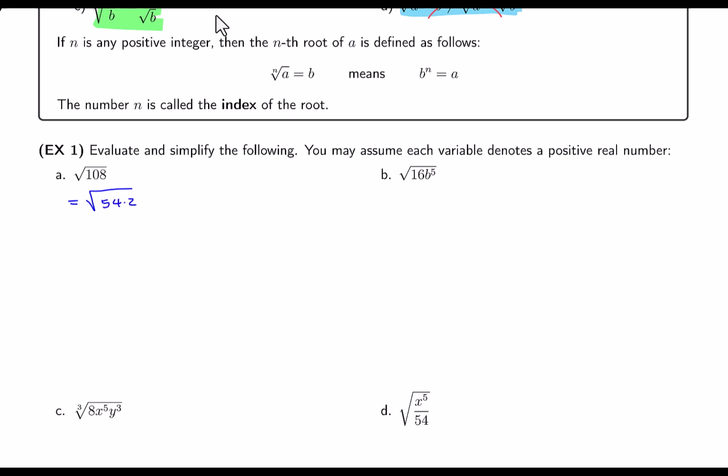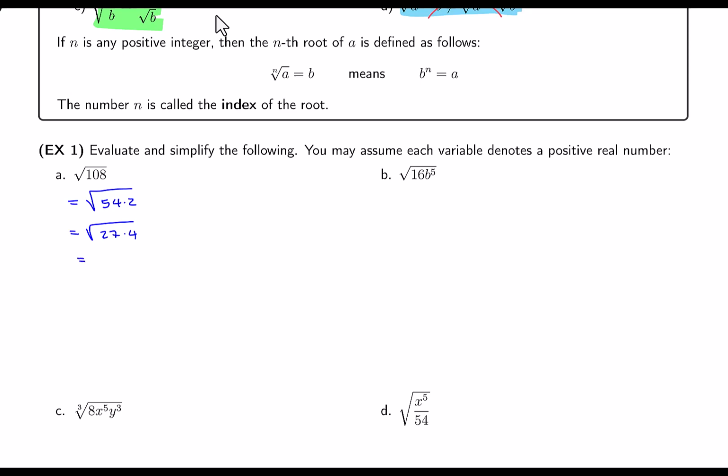All right, well, 54 and 2, I'm not aware that either of those are perfect squares. So let's keep trying. 54 is even, so there's another factor of 2. So I could write this as 27 times 2 squared, which is 4. I'll just go ahead and write it as 4. So 108 is the same thing as 27 times 4.